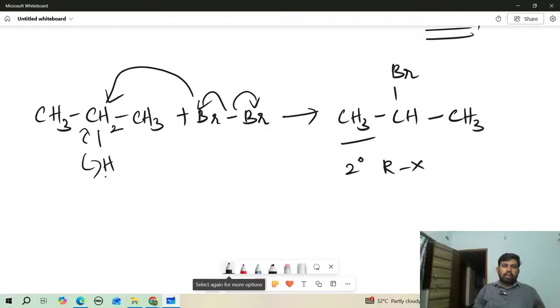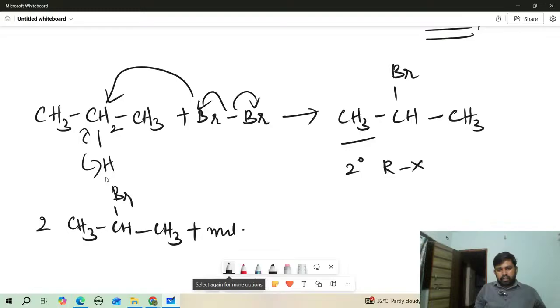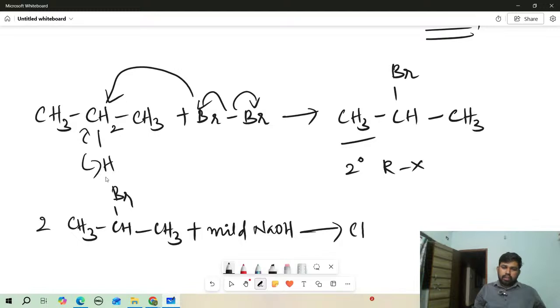Now for this secondary alkyl halide, CH3CHBrCH3, they will add a mild base, mild NaOH, so that it forms CH3CH(OH)CH3.